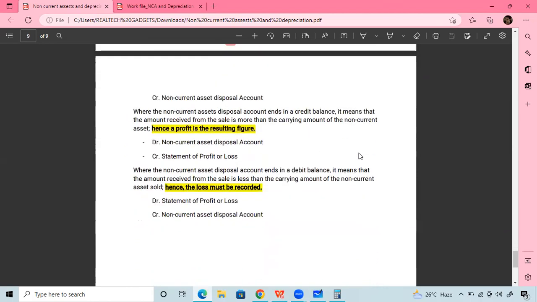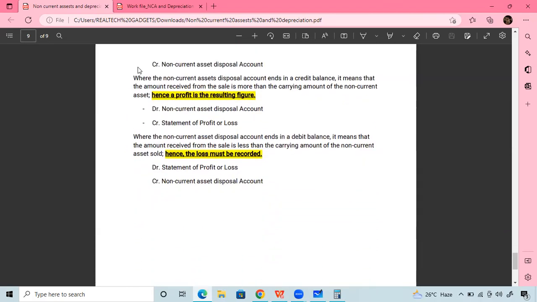They say when the non-current asset disposal account ends in a credit balance, it means that the amount received from the sale is more than the carrying amount of the non-current asset, so it ends as a profit, and vice versa.